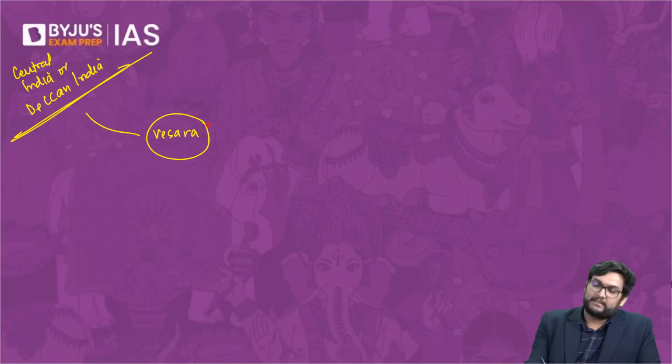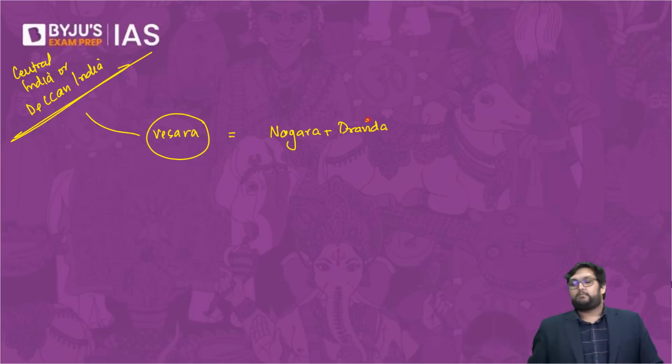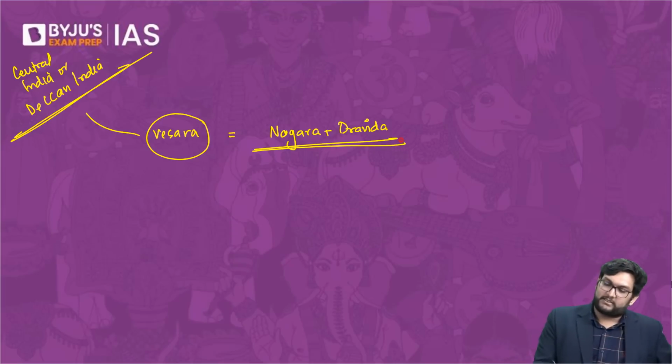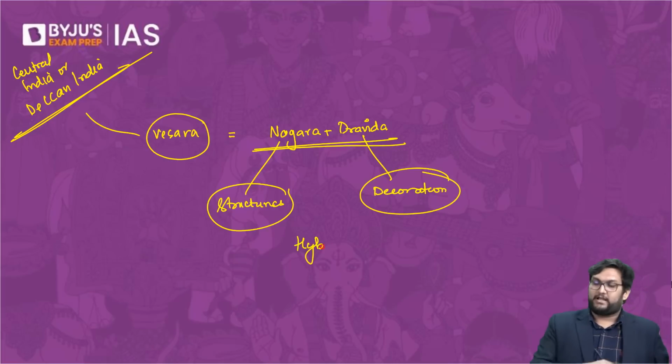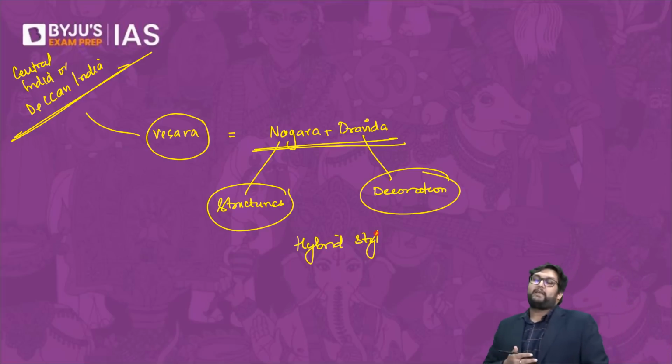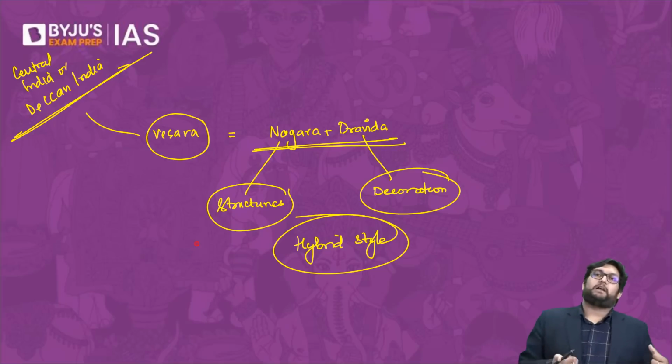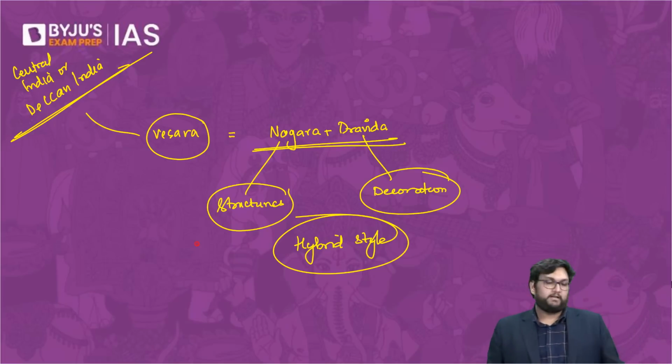Vesara is Nagara plus Dravida. Structure it takes from Nagara. Decoration it takes from Dravida. That's why it's called a hybrid style, wherein certain elements are taken from Nagara, certain elements are taken from Dravida.